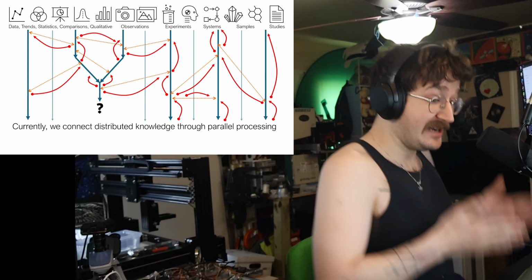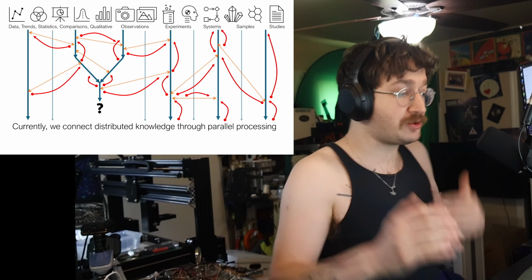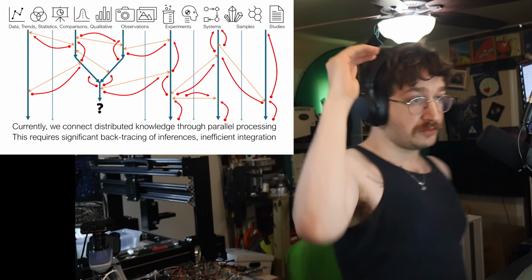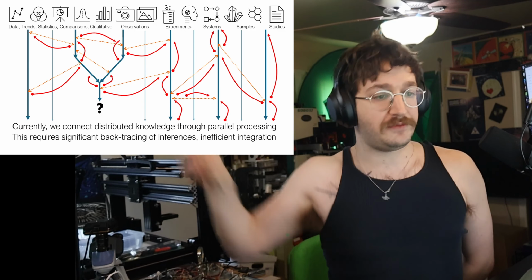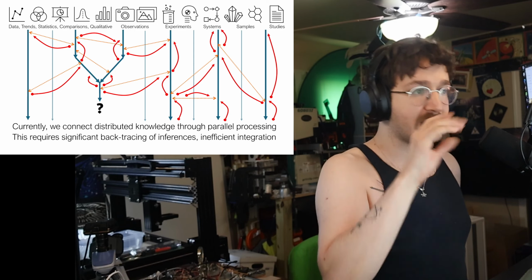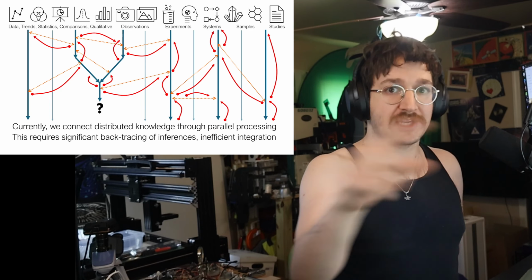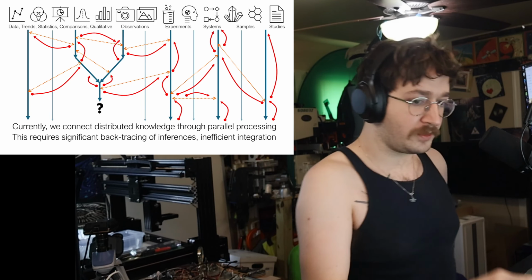Currently, we connect distributed knowledge through parallel processing, which looks like this. If we try to go back and trace the entirety of the source to the output, well, we're backtracing all the way across all of these different and parallel processed thoughts, and we're effectively wasting a lot of time switching context in a non-logical way, going back and forth and back and forth, right?